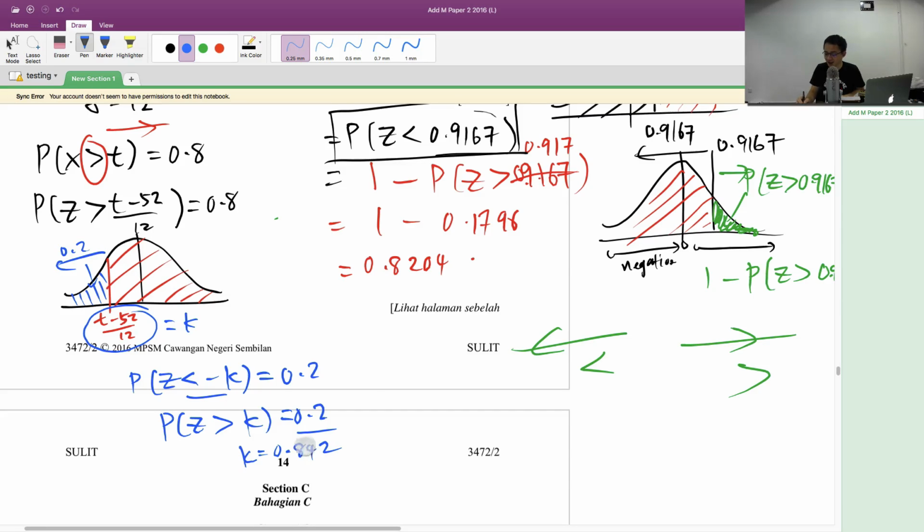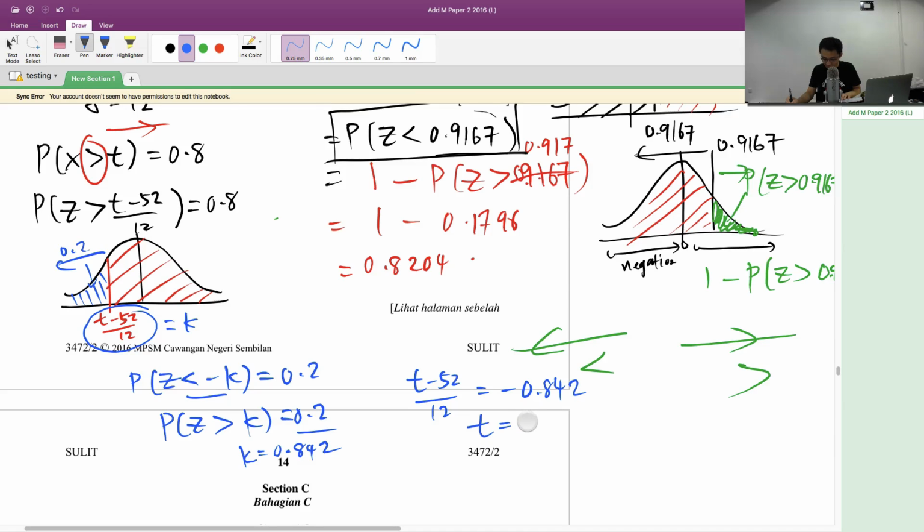Okay, but in the real case, my k actually is negative, isn't it? Because it's on the negative zone. So therefore, I know t minus 52 over 12 equals negative 0.842. Then I just need to solve this one to get t. So multiply by 12 and plus 52.